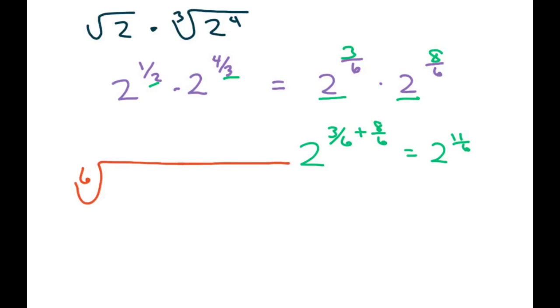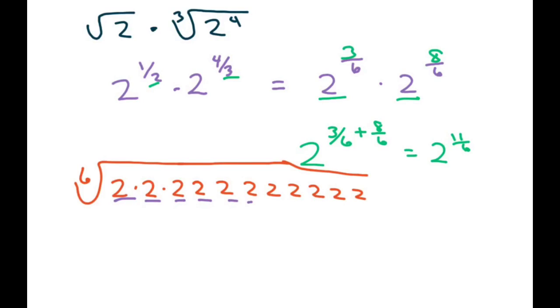And I'm going to be silly here and write them all out. 1, 2, 3, 4, 5, 6, 7, 8, 9, 10, 11. Well, I can take 6 of these out. 1, 2, 3, 4, 5, 6. Because the 6th root of 2 to the 6th is just 2.